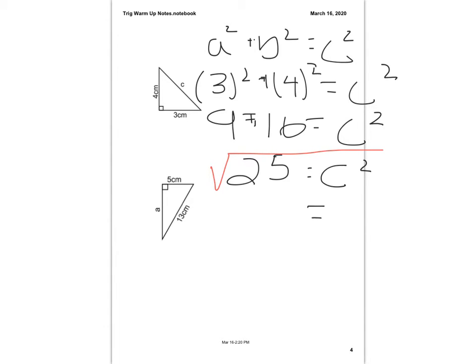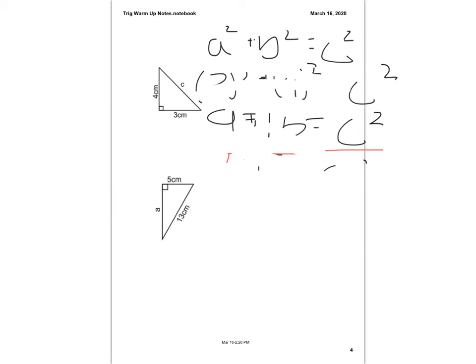So the value of C will be 5 centimeters, and you will always remember to put units because you've done all this before. So that's for the first example. I'll just erase this and then do the second one.